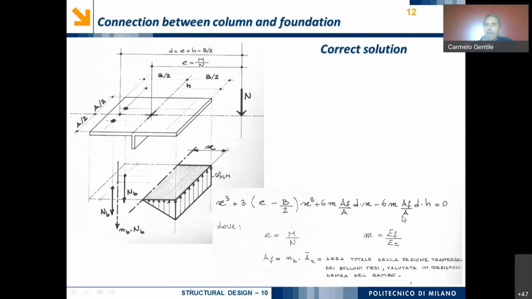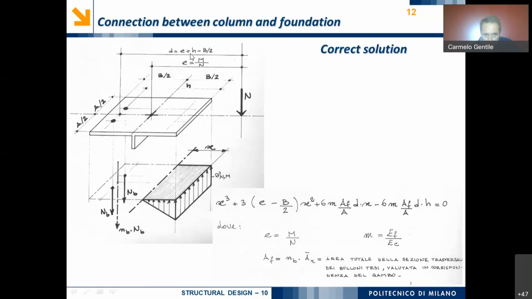In addition, we also have this distance D, which is the distance between this alignment of the bolts and the vertical alignment of the axial force.